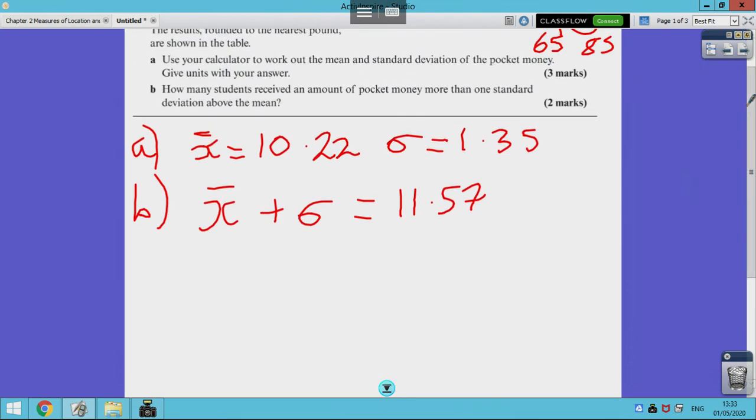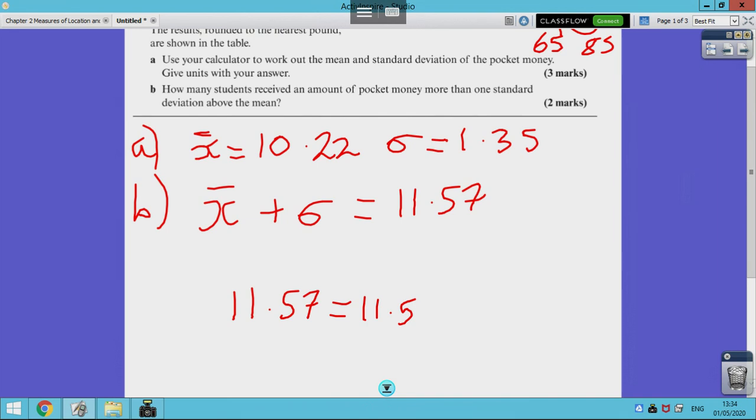So when we've got our formula, 11.57 is equal to something. Remember, we need B first of all, and B is the lower class boundary, which is 11.5, because I said the lower bound of 12 would be £11.50.